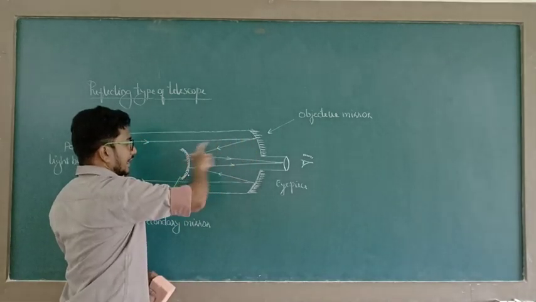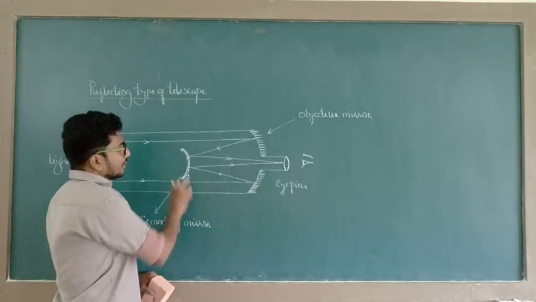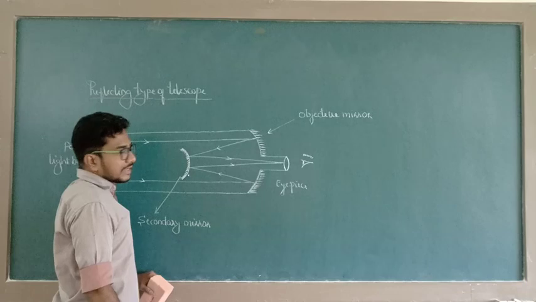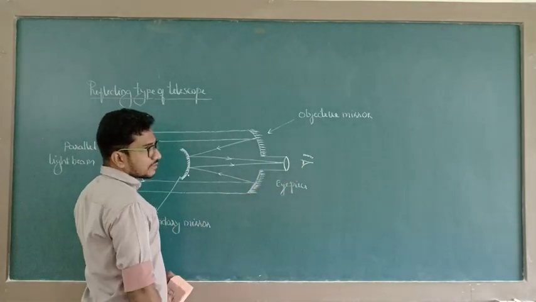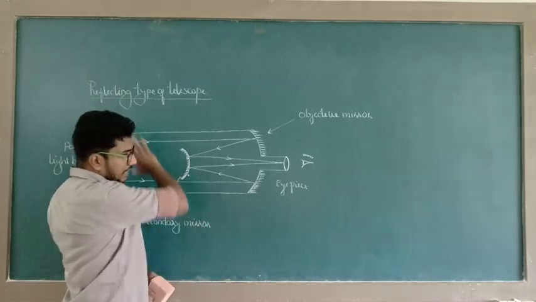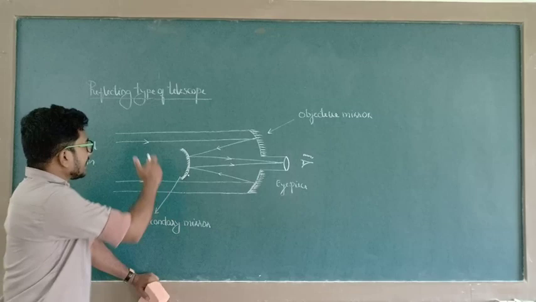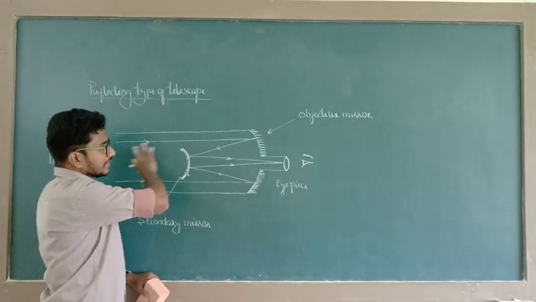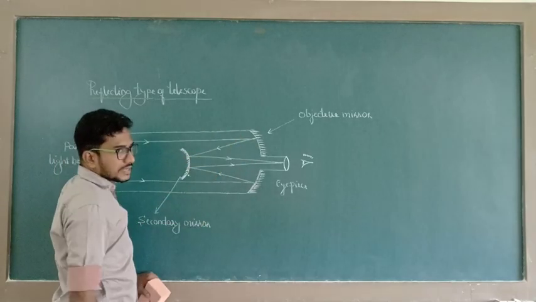This convergent light beam is reflected from the secondary mirror, and hence we can observe the image through this eyepiece. So here the object lies at infinite distance, then the light rays from the object are parallel to each other, and these light rays are incident on the primary mirror or objective mirror.